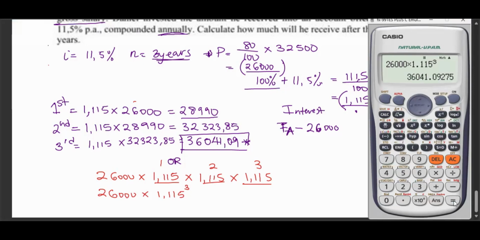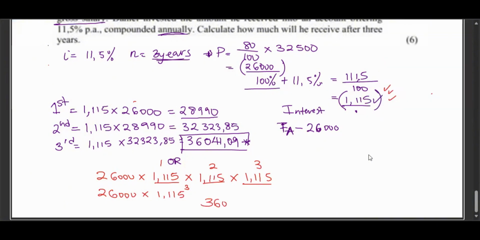Press equals. Indeed, you round off. Remember, we need only two numbers after the comma. So indeed, we have the answer as 36,041 rands and 9 cents. So please pick the one that makes you feel comfortable. All right.